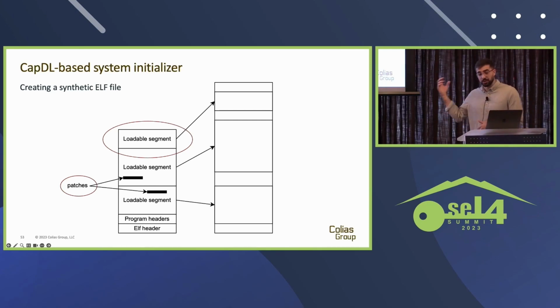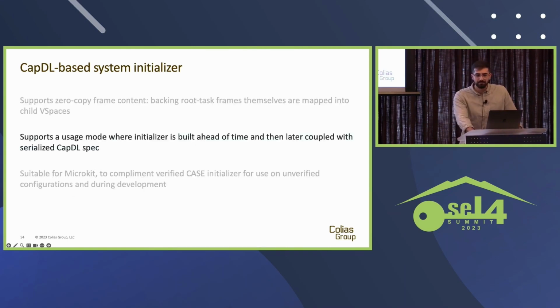It contains the serialized CapDL spec, and then it patches a variable in the program's initial program image to point to the spec. This may sound like a hack, but I'll argue that it's actually quite a simple and good solution to this problem, and I think it has a lot of applications in our build systems here.